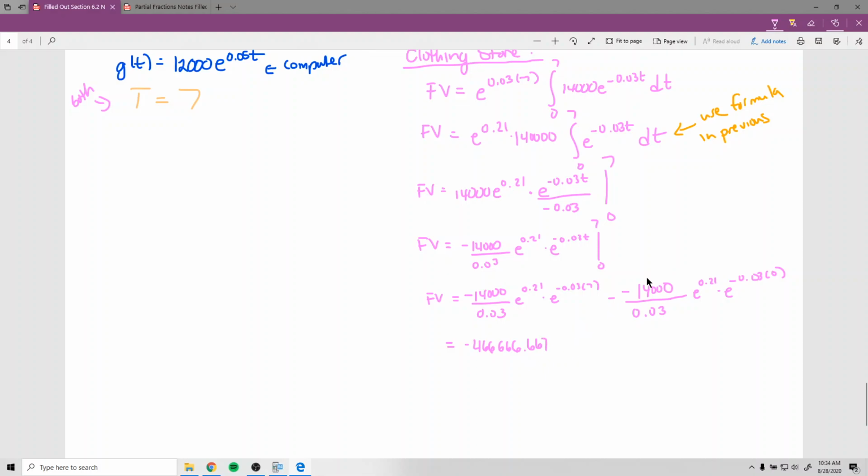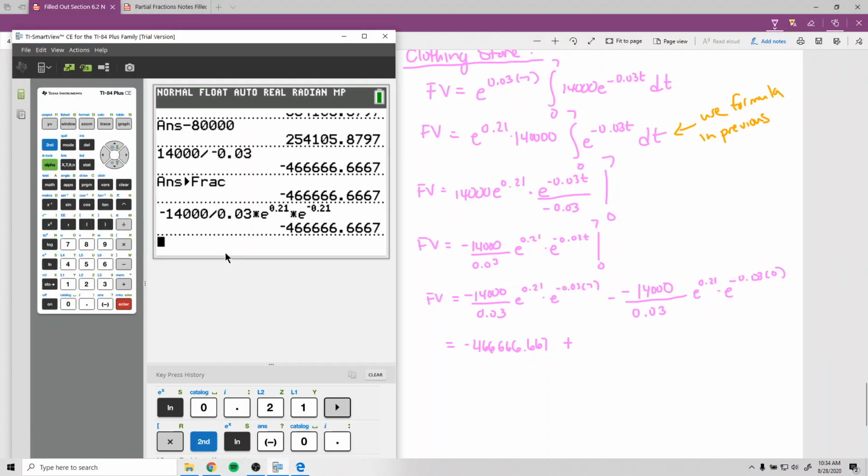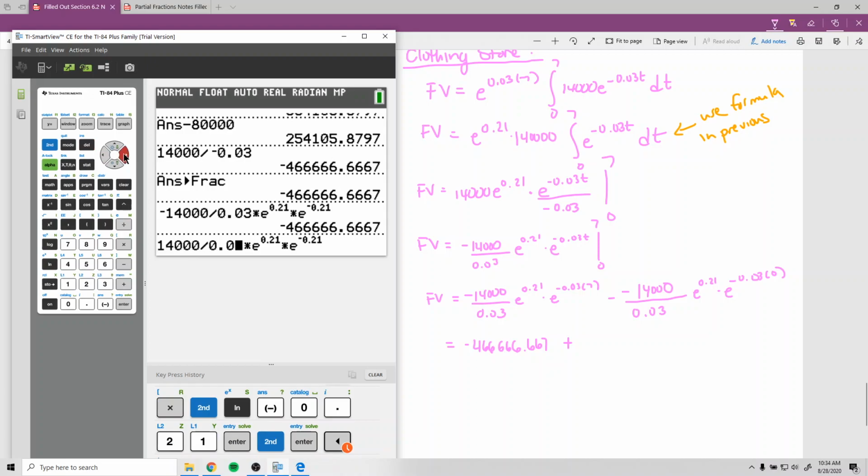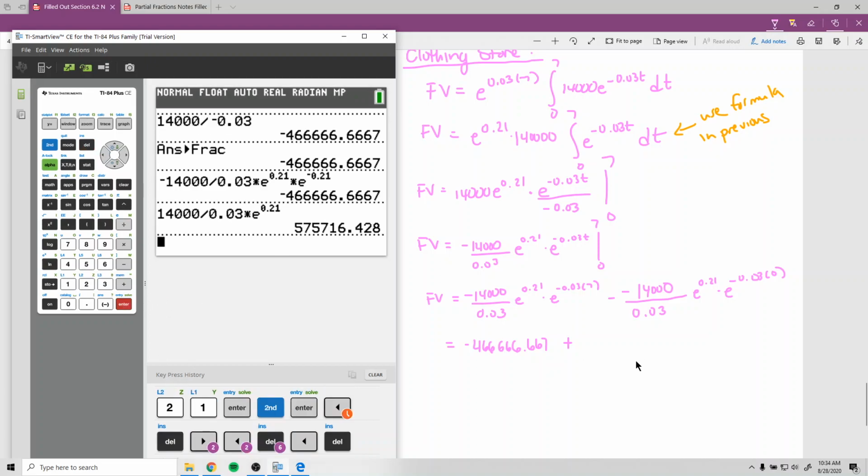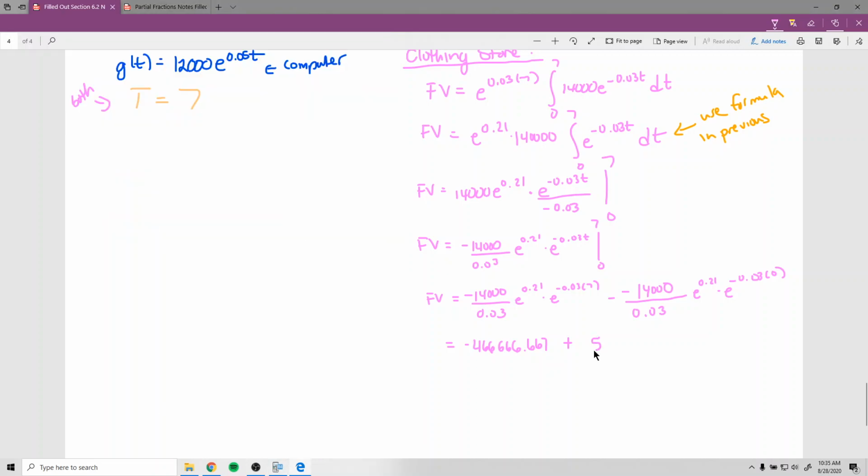So we got negative 466,666.667 minus minus, we know this will become a plus, and then type the second one in. If you pay close attention here, what's the only difference with the second one? Well, I changed the minus minus to a plus, so we don't have the minus out front anymore. But the exponent here is just 0, and e to 0 is 1, so you can actually just get rid of the last thing. We got 575,716.428.